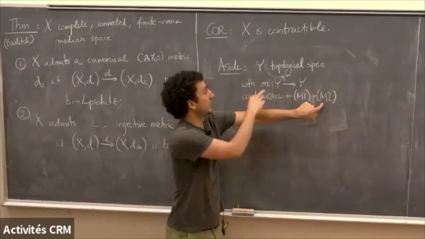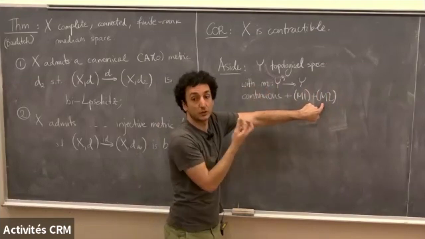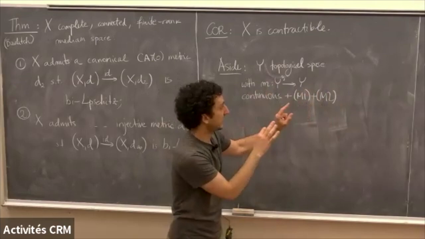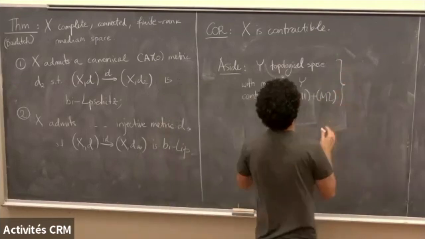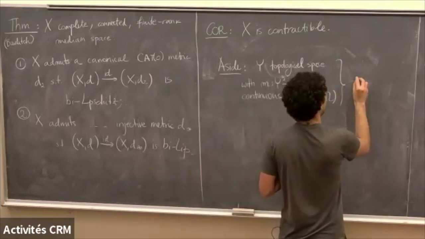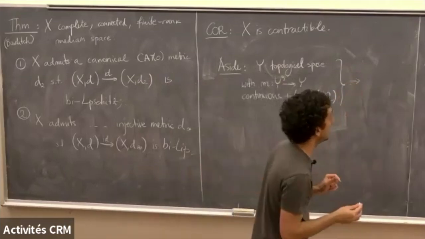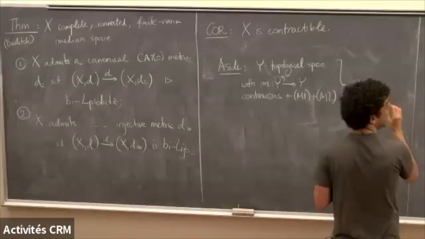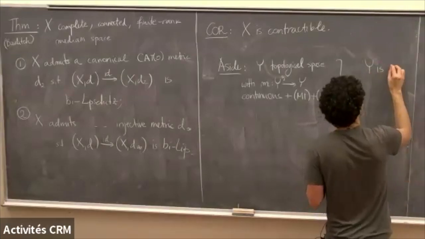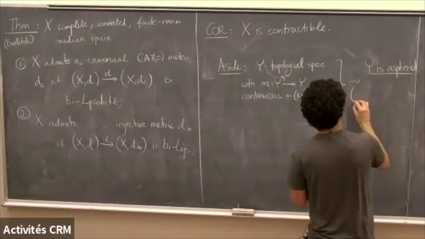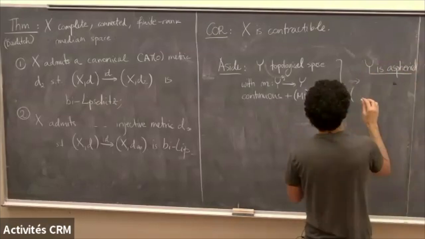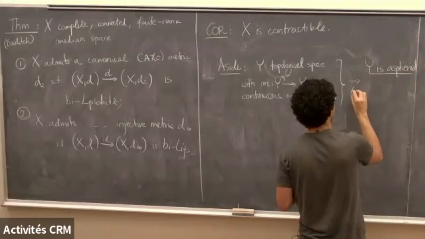And M2 means if you apply M to 3 points and 2 coincide, that's the value that M takes there. Very basic situation. It will in particular cover all median spaces of any rank. Then I don't know if Y has to be contractible, probably not, but it certainly has to be aspherical. Y is allowed to be disconnected, but all higher homotopy groups from the fundamental group onwards will vanish.